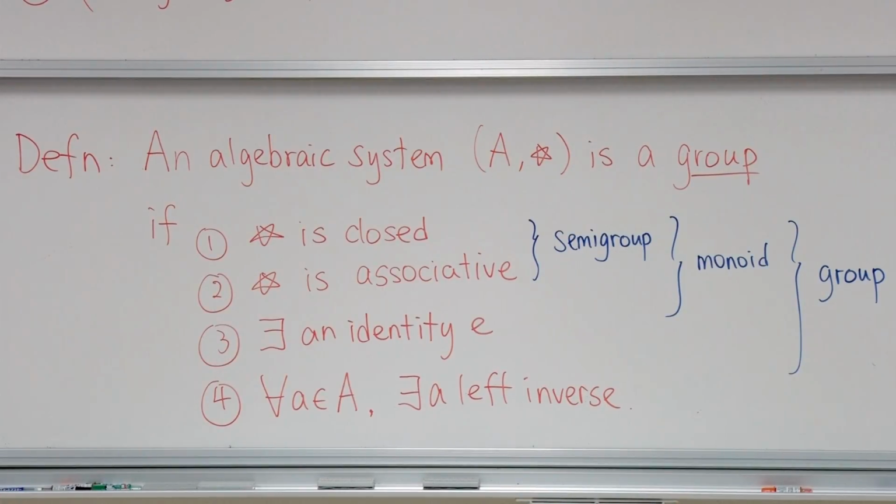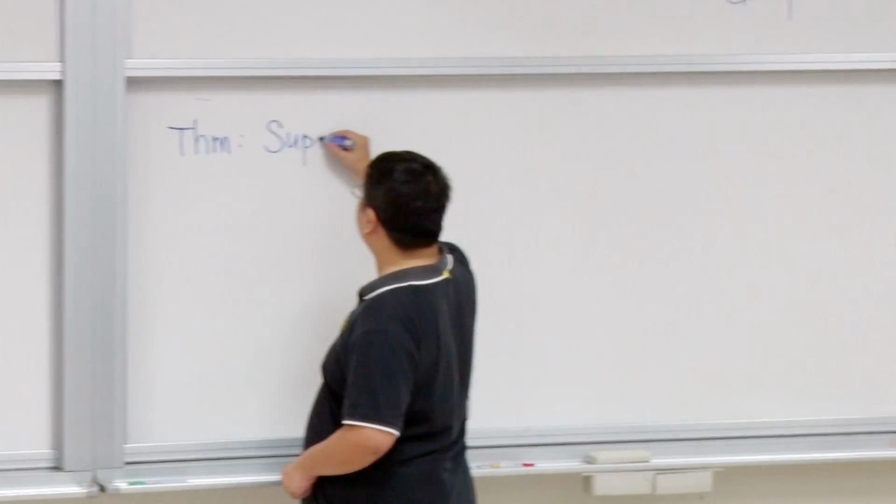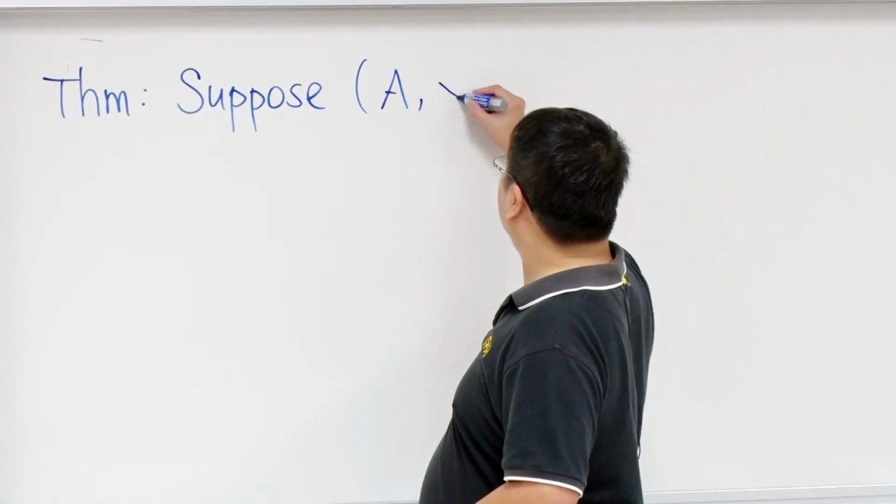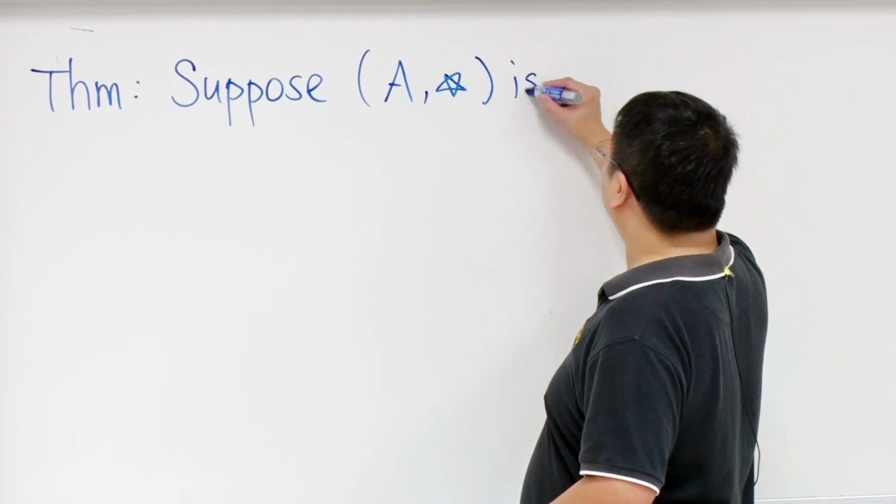So we have this theorem. Suppose that this A star is a group.